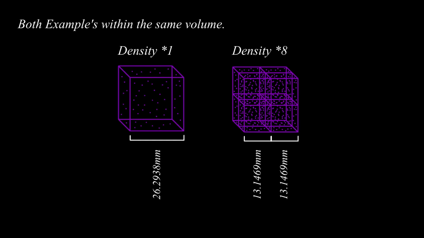And so as a result of this, the density is 1 octave greater. Now with octave, it is doubled or halved, but with density, it is to the power of 8. Because 8 of these cubes, if they are half the wavelength, fit within the same volume 8 times.